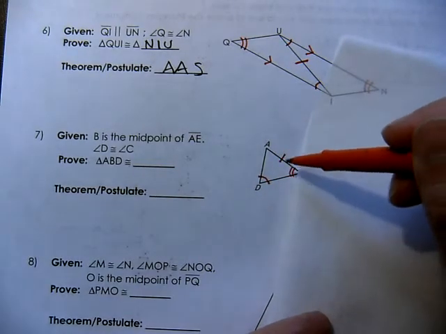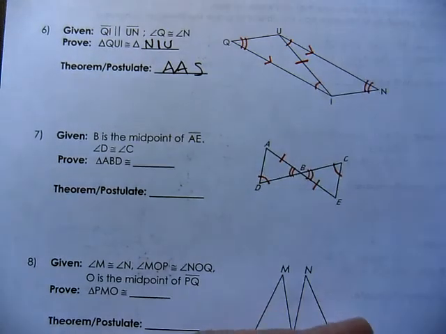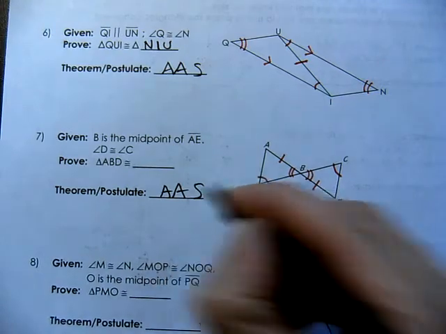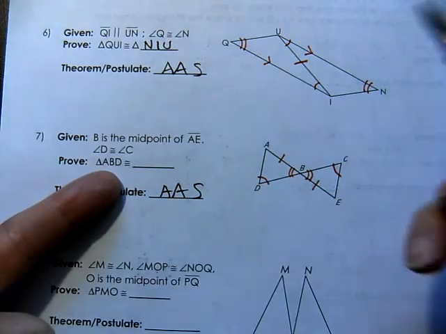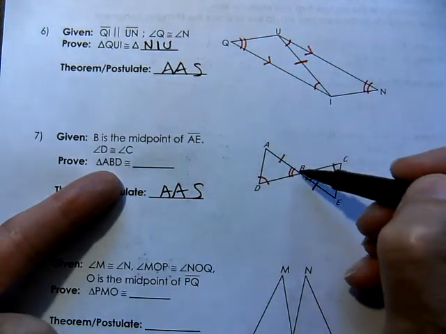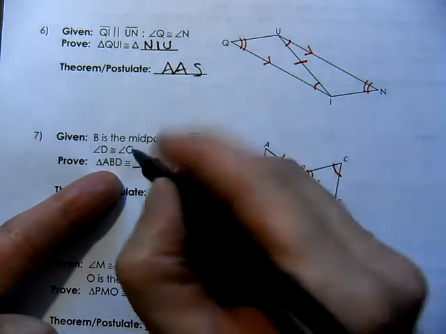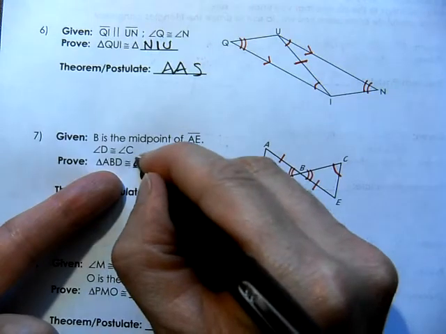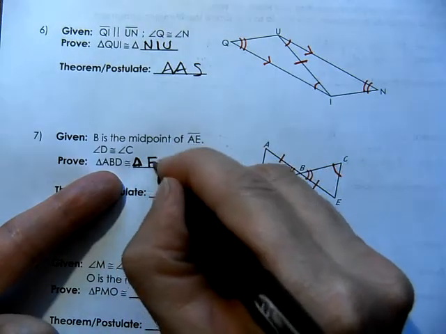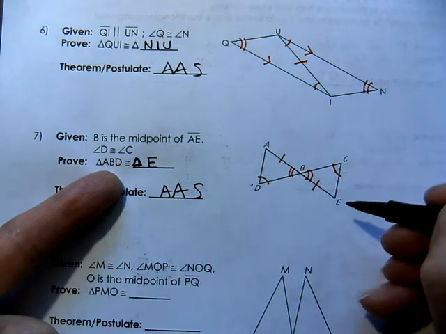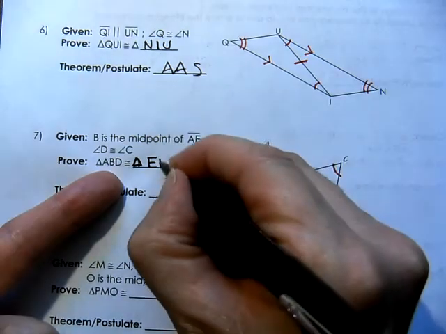Or you can go backwards, side, angle, angle. And so I label that angle, angle, side. And now the congruent statement for triangle ABD. Well, A corresponds to E. Oops, I need my triangle symbol there. There's letter E. So we went A, B, D, so that corresponds to E, B, C.